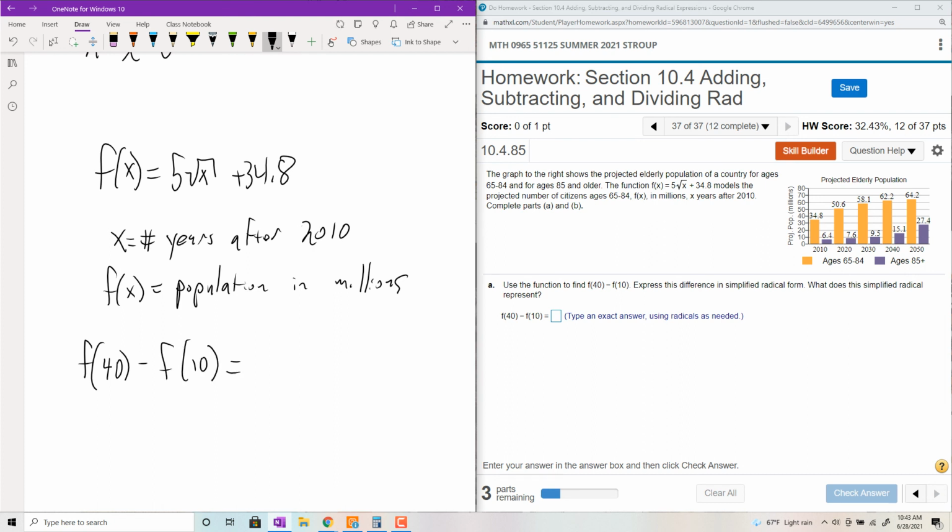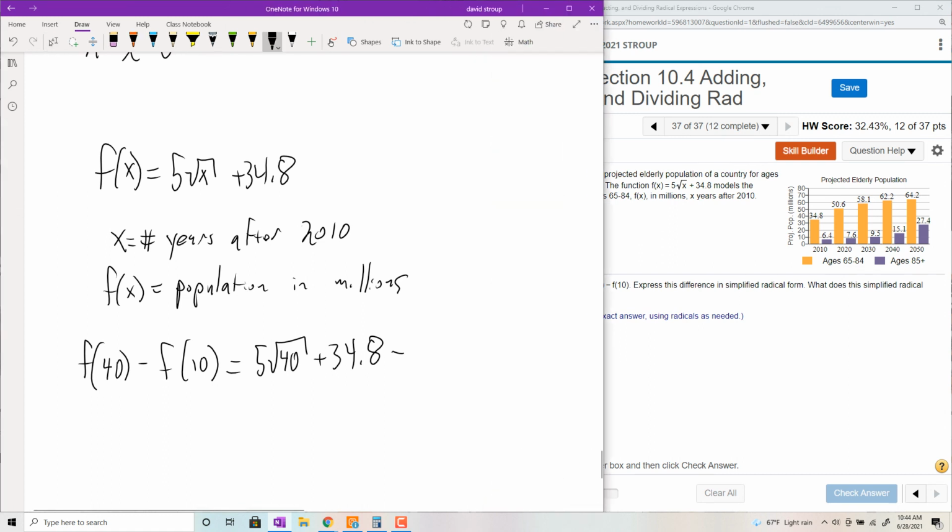Okay, so let's go ahead and put 40 into f of x. So we get 5 root 40 plus 34.8, and then minus, I'm going to need a little more room here, minus f of 10, which will be 5 root 10 plus 34.8.